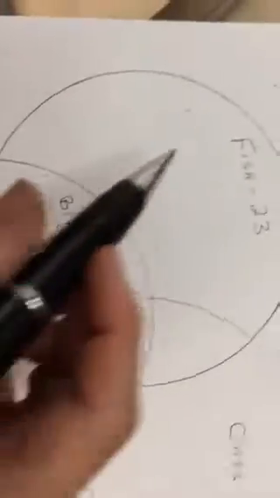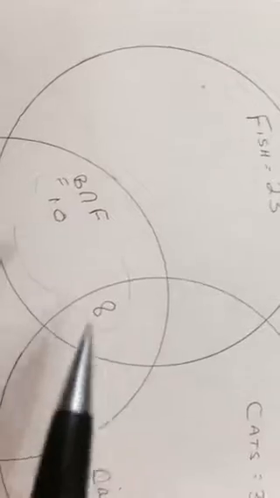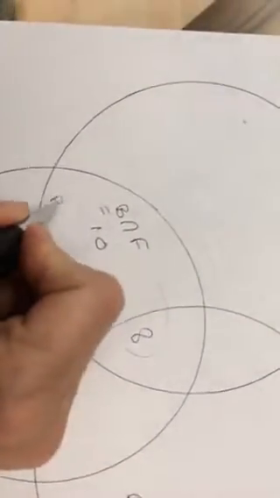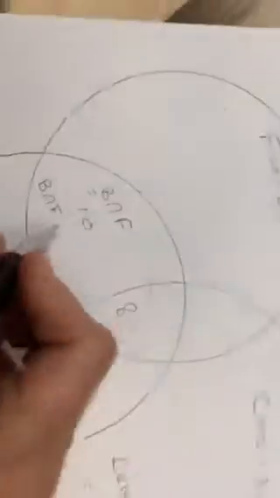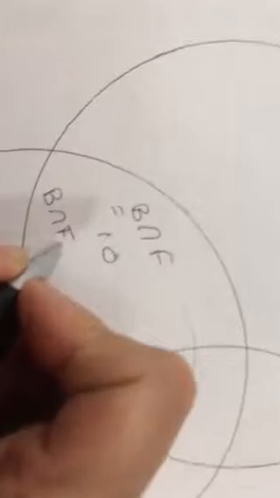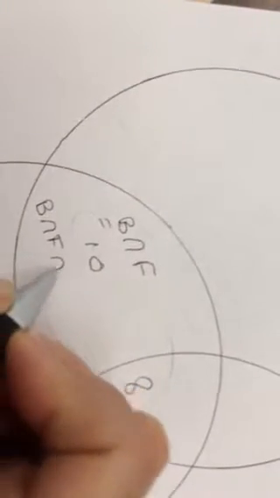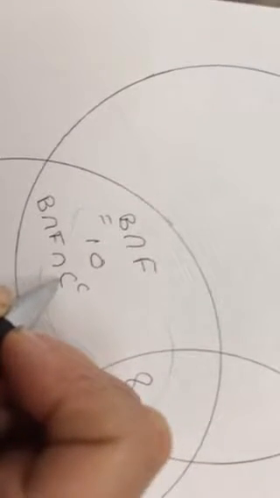This section that doesn't include this piece right here. So this is the section that has birds and fish, but not cats. So how we write that is birds and fish, and this little C up here is the complement of cats.